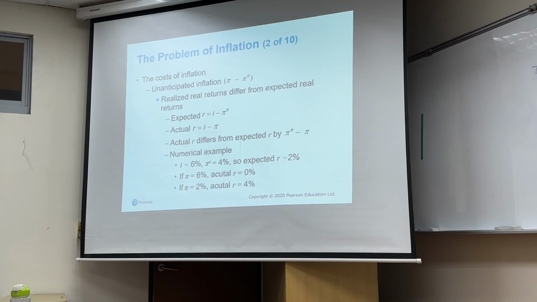Honestly, I don't want to have any question on this, but you just look at it here. Let us say i is equal to 6% and expected inflation is 4%. So the expected r, the real interest rate, is 2%. If there's a discrepancy, a difference, then it will have an impact on your behavior and the economy.